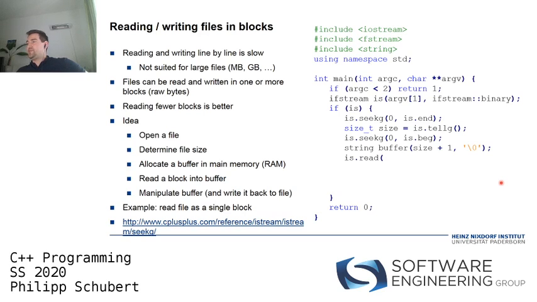And what we now do is we can read raw bytes from the input stream by using the member function read. So input stream.read. And it now reads bytes, and we give it as a parameter a pointer where it should write down the bytes that it just reads.